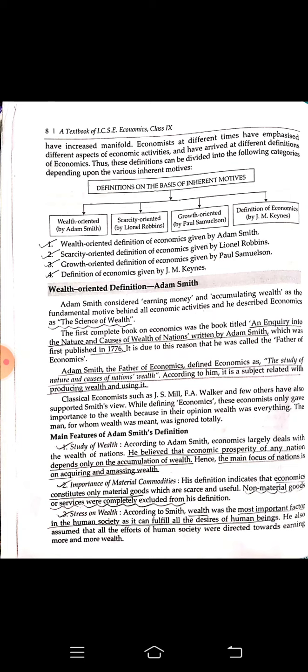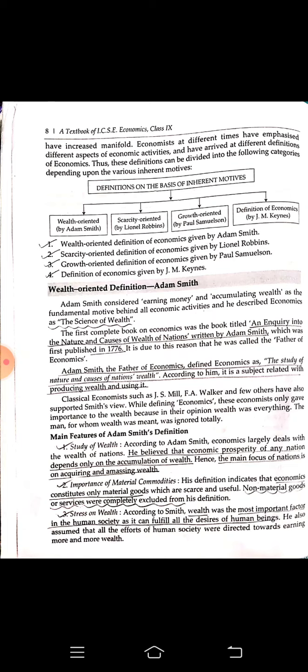I would like to quote his definition: the study of the nature and causes of nations' wealth. According to him, it is a subject related to production, wealth and using it.